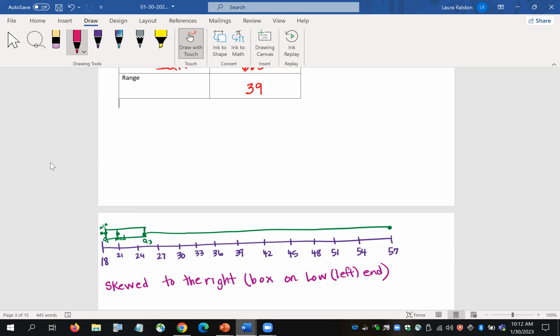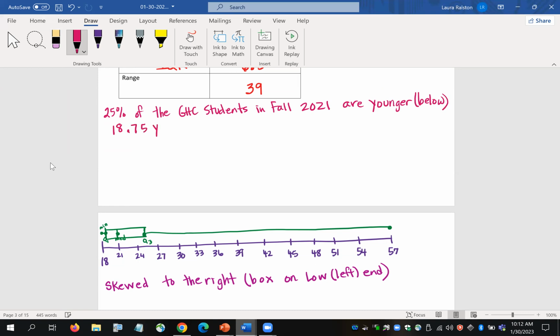So in this case, we would say 25% of the GHC students in fall 2021 are younger than 18.75 years old, because 18.75 was Q1.